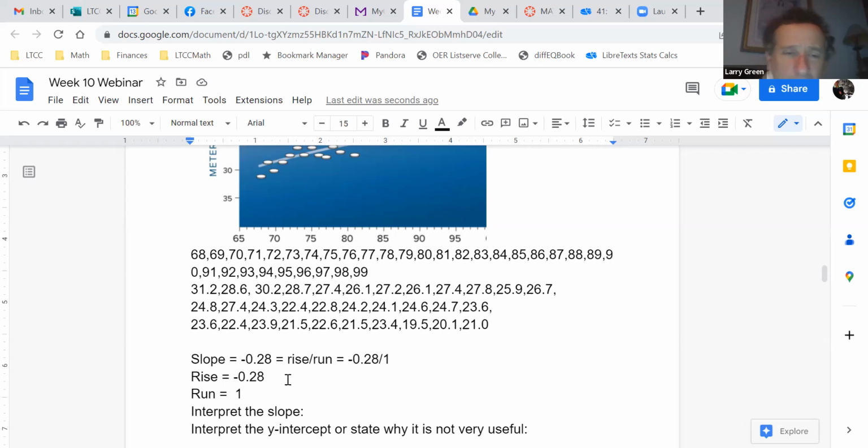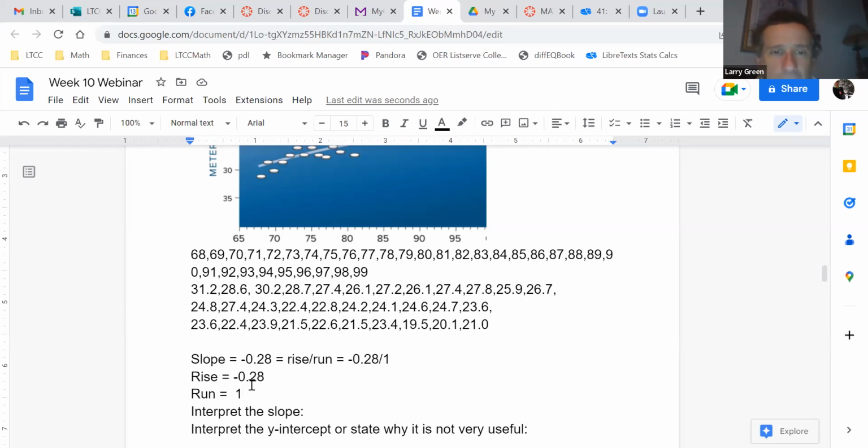Okay, so now let's interpret the slope given what we've got here. That says that if you run by 1, your best guess is that you're going to rise by negative 0.28. Any questions on that? That's what slope means.